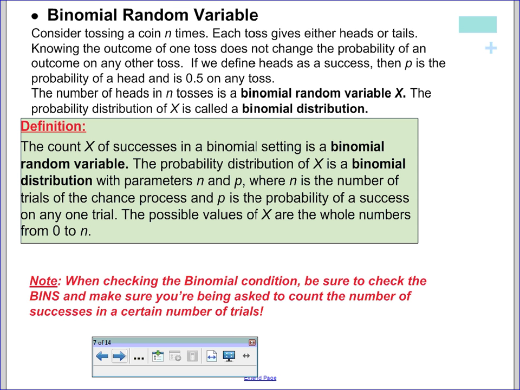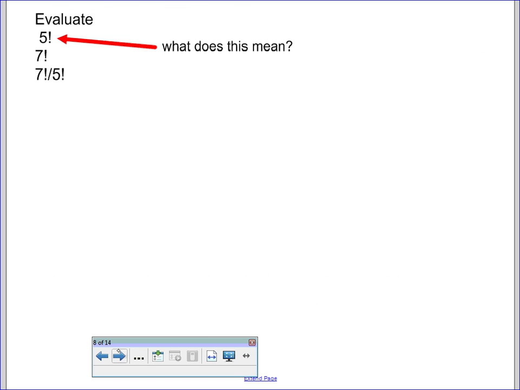If we flip the coin 10 times, you could have 0 heads, 1 head, 2 heads, 3, 4, 5, 6, 7, 8, 9, or 10 heads. What we'll see is that 5 is the most likely, but it will follow a distribution. And we could do a tree diagram and work that out. But what's nice is that we're going to come up with a formula that will do it for us. So let's talk about that formula.